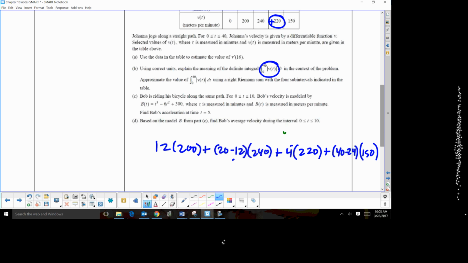Find Bob's acceleration at time 5. 1 minute, go. That's 30 seconds. It's 45 seconds.